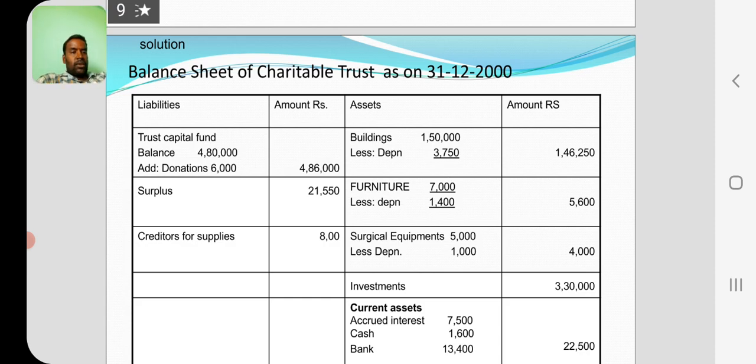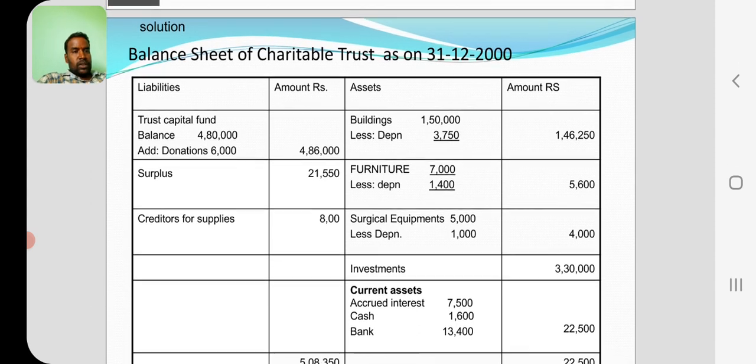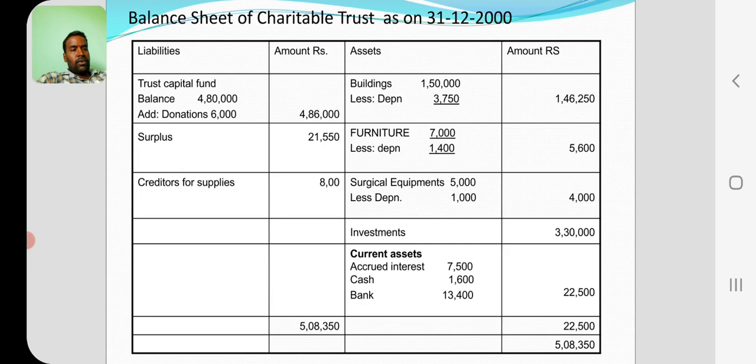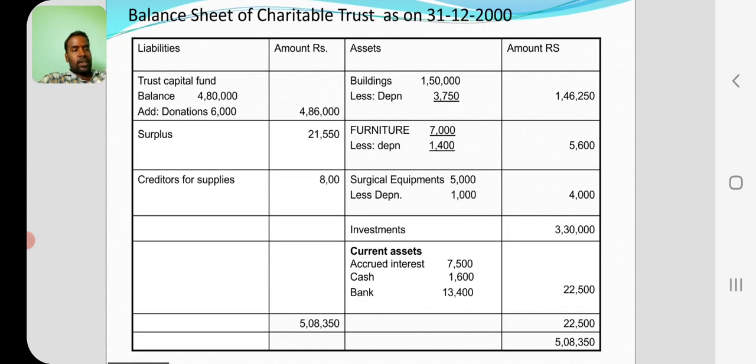Furniture 7,000 less depreciation 1,400. Value is 5,600. Surgical equipments 5,000 less the depreciation 1,000. The answer is 4,000. Investments 3,30,000.